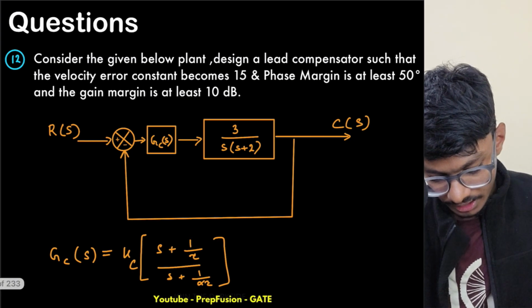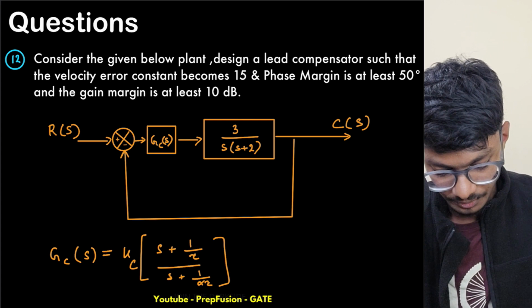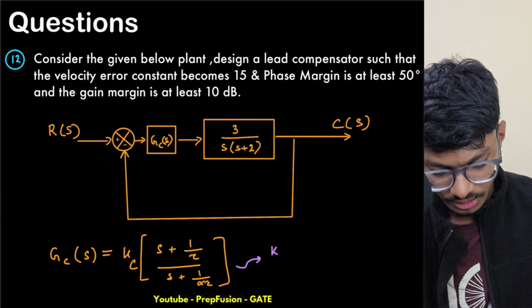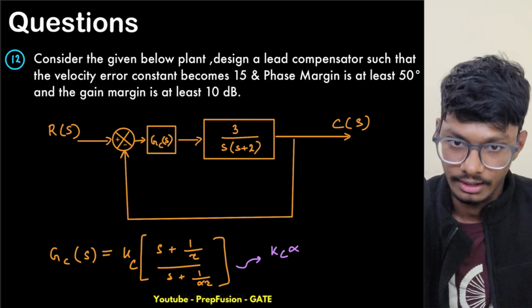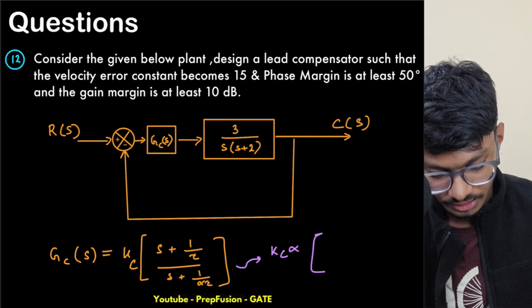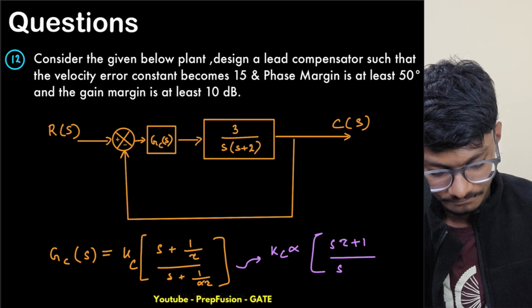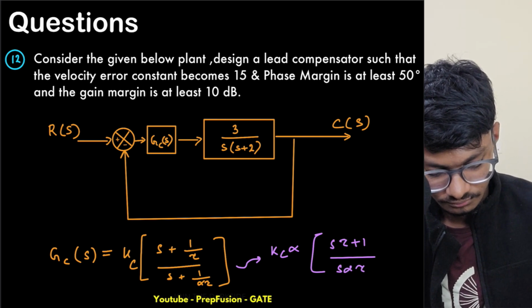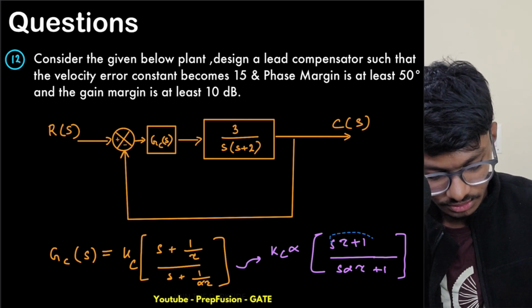So how can I write this transfer function? I can write this transfer function in a different manner, in the time constant format. Basically I can write this Kc alpha, taking common alpha tau and 1 by tau here, so this will be s tau plus 1 over s tau plus 1.